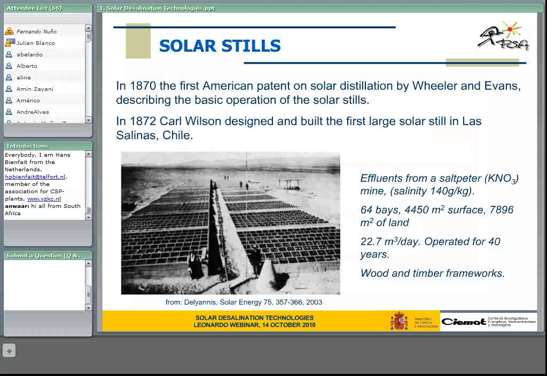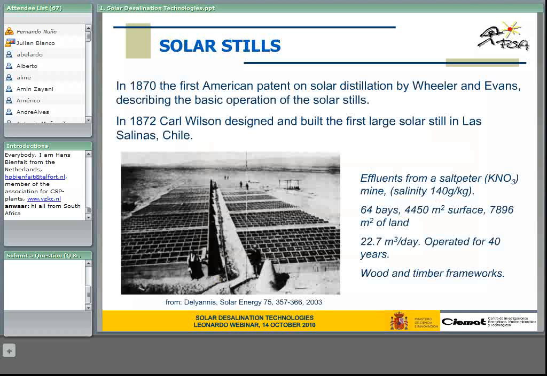He constructed the system you can see in the picture, with more than 4,000 square meters of surface, producing about 22.7 cubic meters per day, which made possible the operation of a mining activity in an isolated remote area.